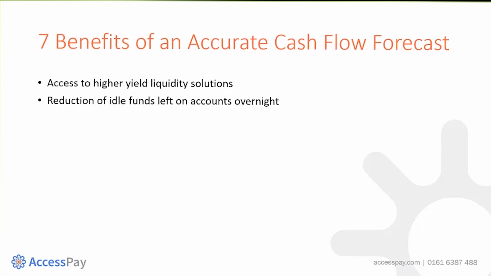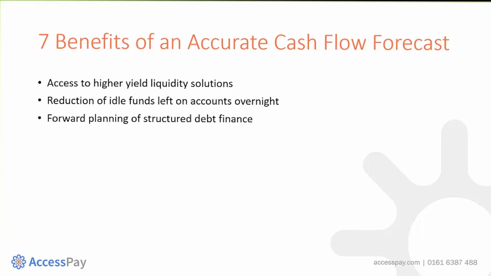Secondly, we want to reduce the amount of idle funds left on accounts overnight. Most of the corporates that we've seen, Winston, are able to, once they implement a decent forecasting process, identify pockets of funds in accounts which are underutilised, potentially pertaining to different legal entities, that are underinvested or left idle overnight, and generating a return on these pockets of cash once you draw them all together actually makes a significant difference to the return on equity for a company.